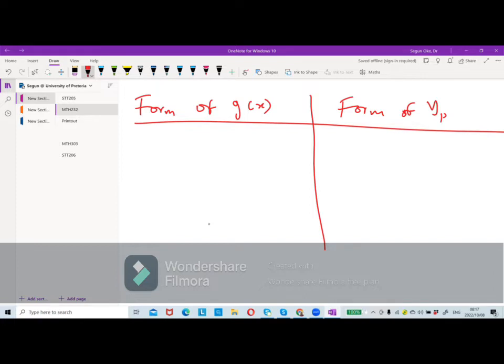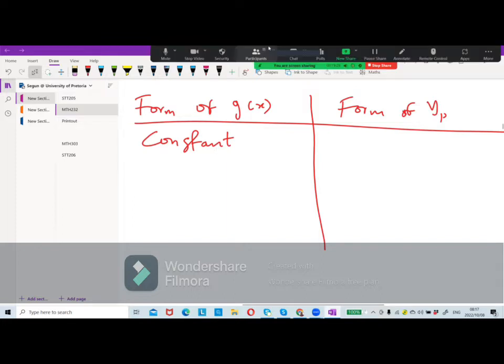So if you have a constant, who can give me an example of a constant in this case? Let's say you have a value, probably 25, 30, where you are given an equation and you have a constant.